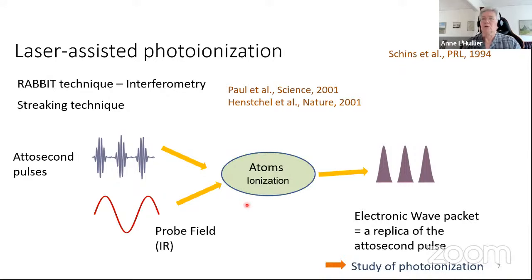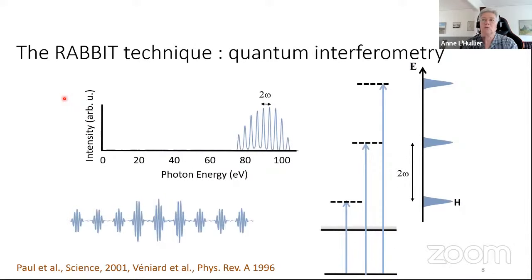So let me now focus on the RABBIT technique, which we are using in our experiment, which is an interferometric technique. RABBIT means reconstruction of attosecond beating by interference of two-photon transitions. It's really a quantum interferometric technique.